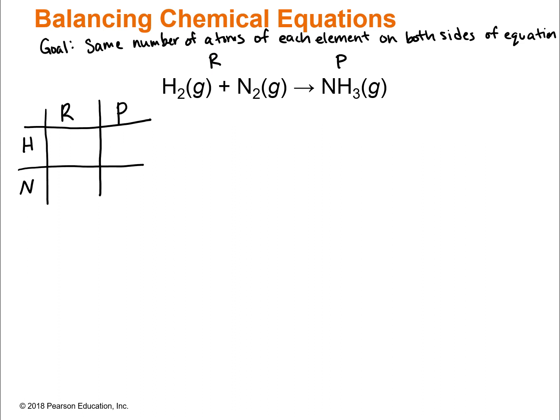How many hydrogen atoms are on the reactant side? 2. Same thing for the nitrogen. There's 2. That's what these little subscripts are for. How many nitrogens are on the product side?